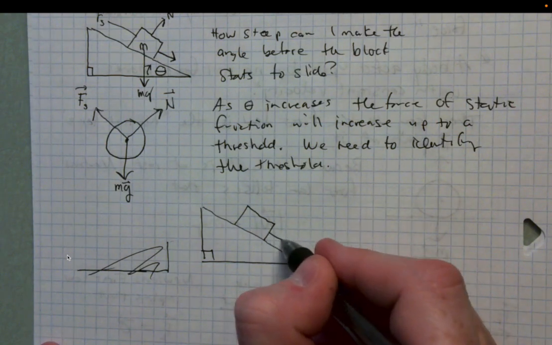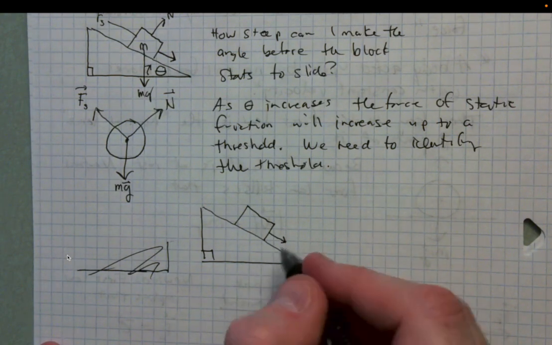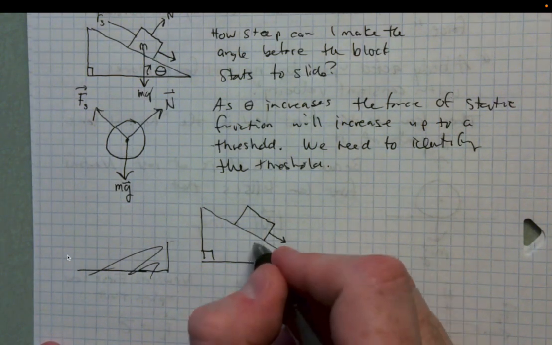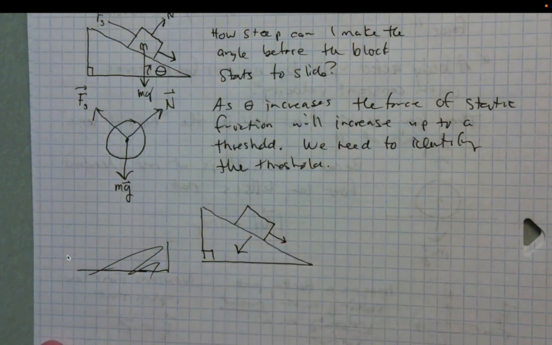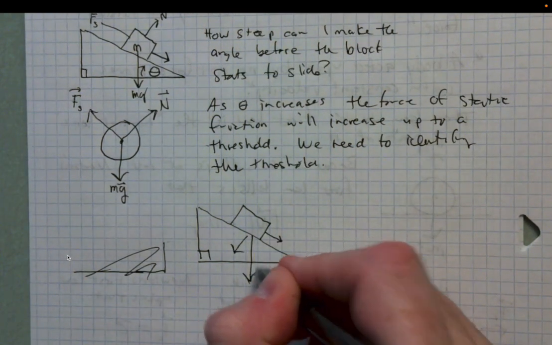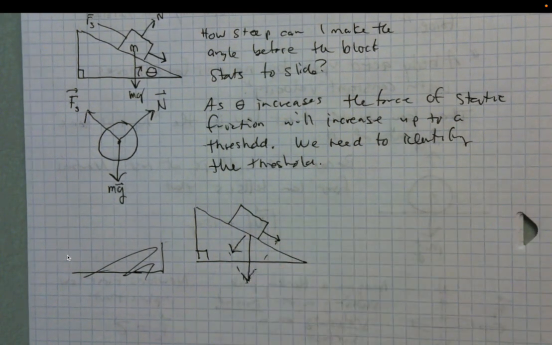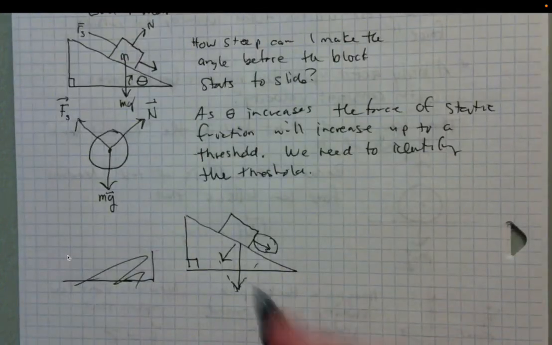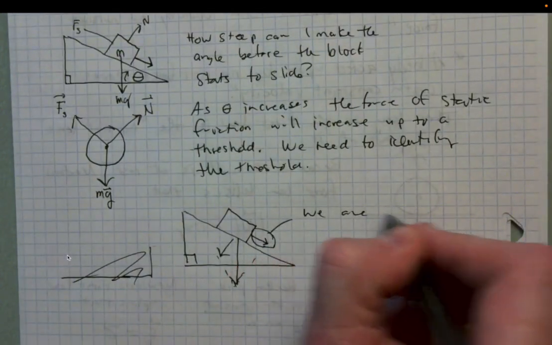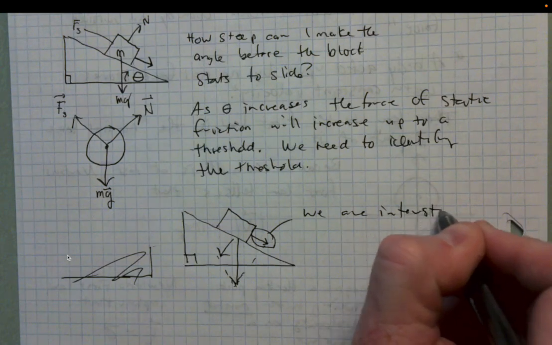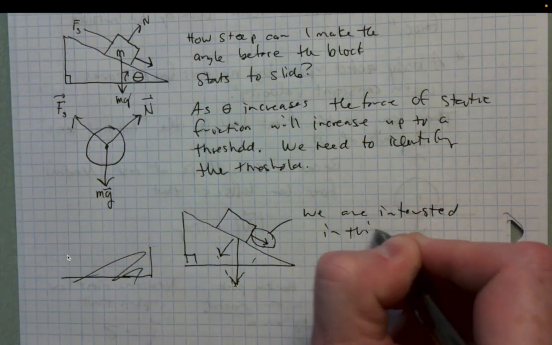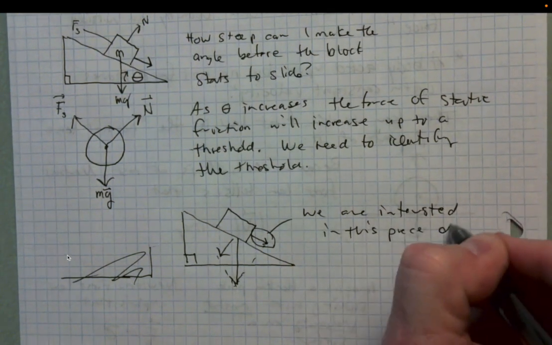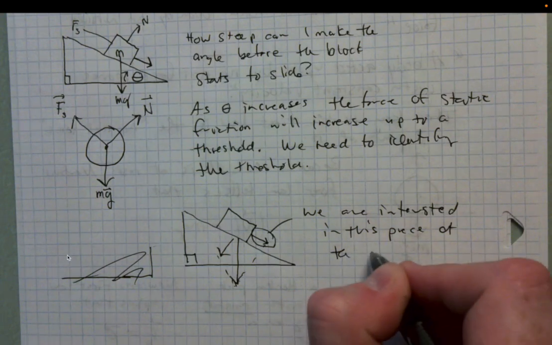Only some portion of the gravity is actually pulling it in this direction. The other portion is pulling it in this direction. So gravity has separate components, and the piece we're really interested in is this piece of the gravitational force.